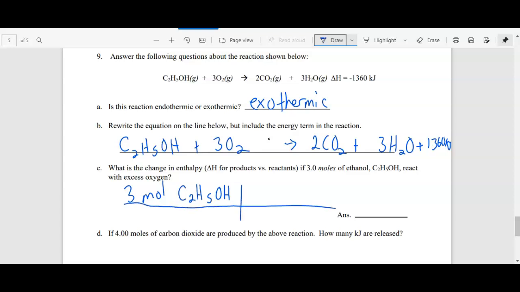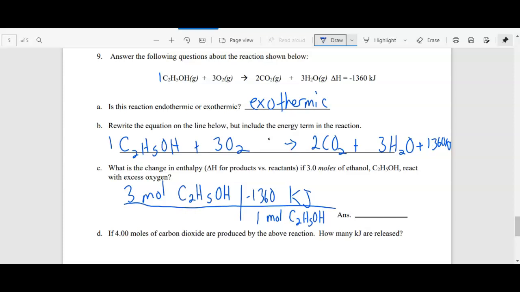Now we're going to set up our train track here. We're going to go moles of ethanol, which is C2H5OH, up to kilojoules. Looking at our reaction here, we can see in this equation that we set up here, 1 mole of ethanol is going to release negative 1,360 kilojoules.